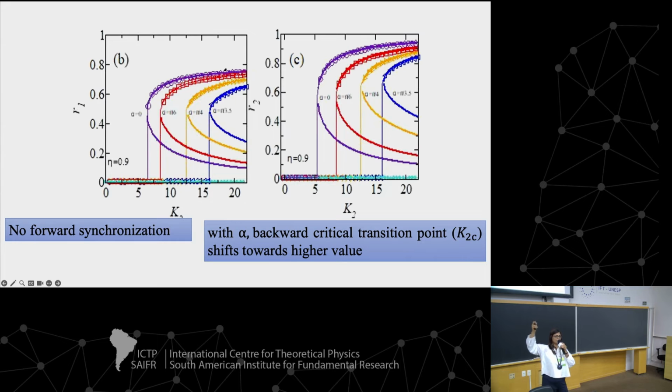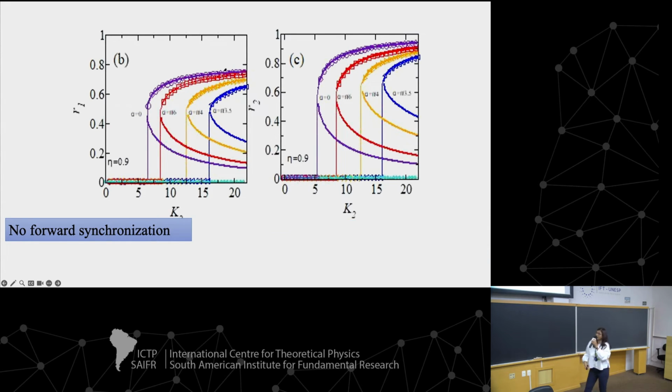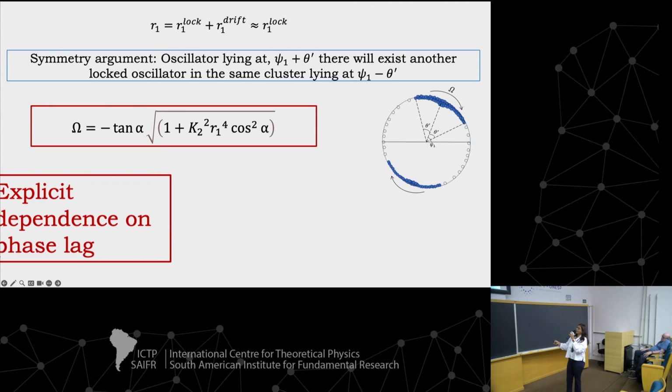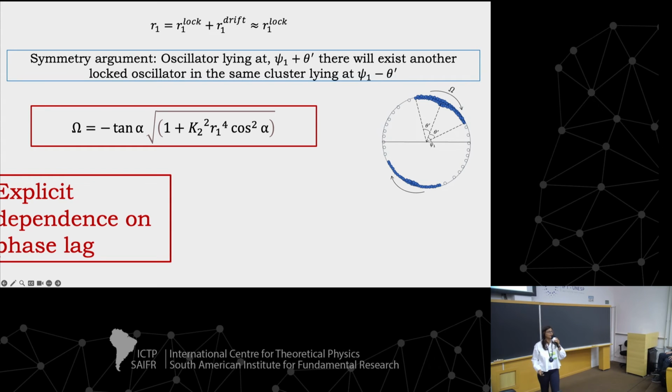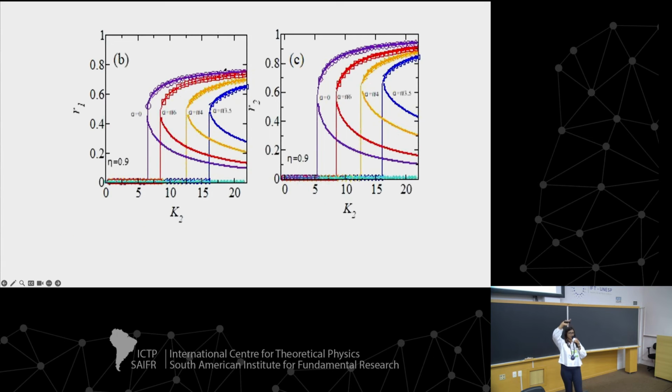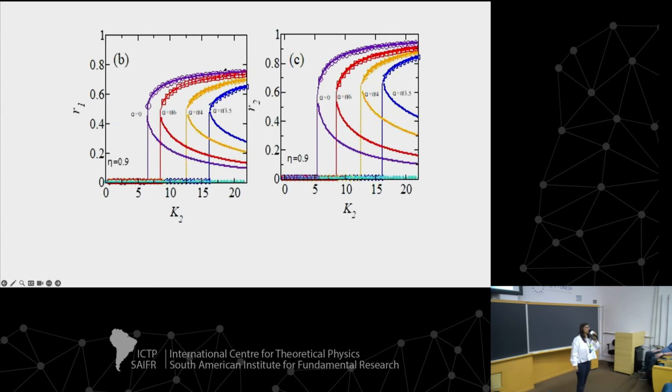If alpha is equal to 0, we won't get a rotating cluster, because in the formula, as alpha is equal to 0, this mean frequency becomes 0. Because of the higher order interaction, the 2 theta i term, we get two clusters, and because of alpha, we get this rotation.